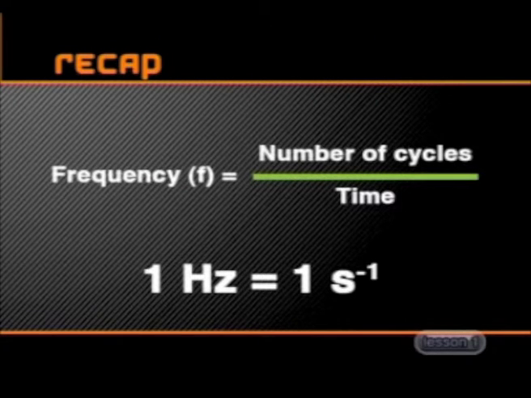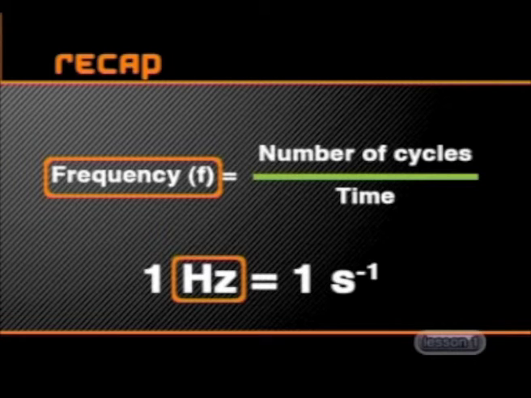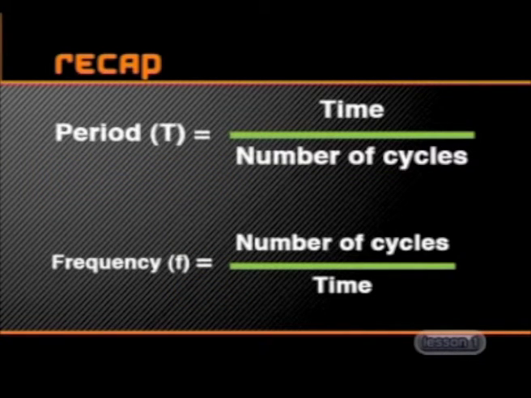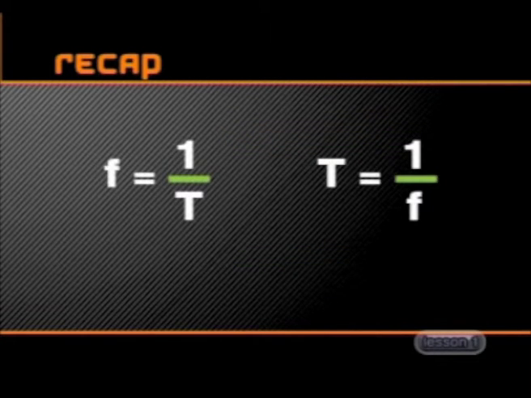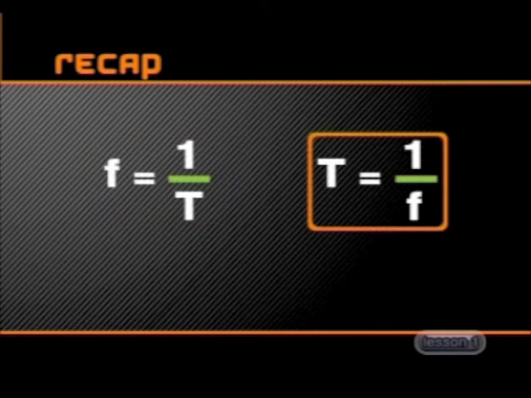Well, the number of cycles per second is called the frequency of a wave and is measured in hertz. By looking at the equations for period and frequency, you should be able to see that frequency is the reciprocal of period. In other words, we can write either f equals 1 over T or T equals 1 over f.